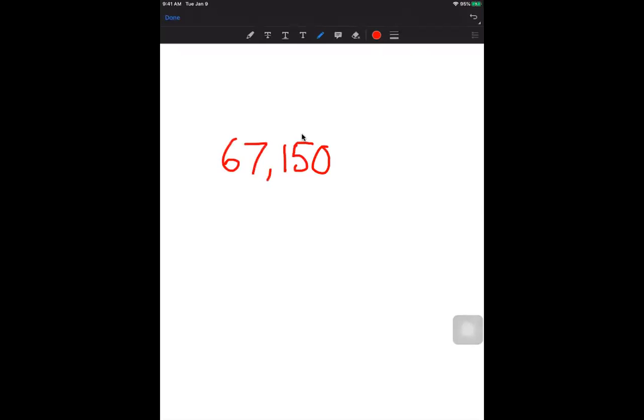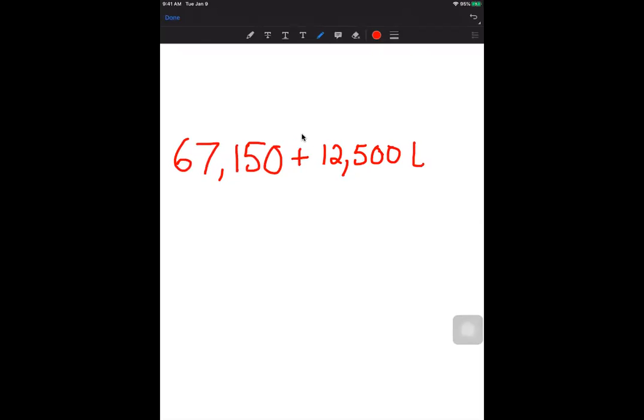Now, are we adding to this or taking away from this? Adding. Good. So we're going to add to it, and we're going to add 12,500 miles each year. And then again, we're going to say that the year is represented by the variable T.